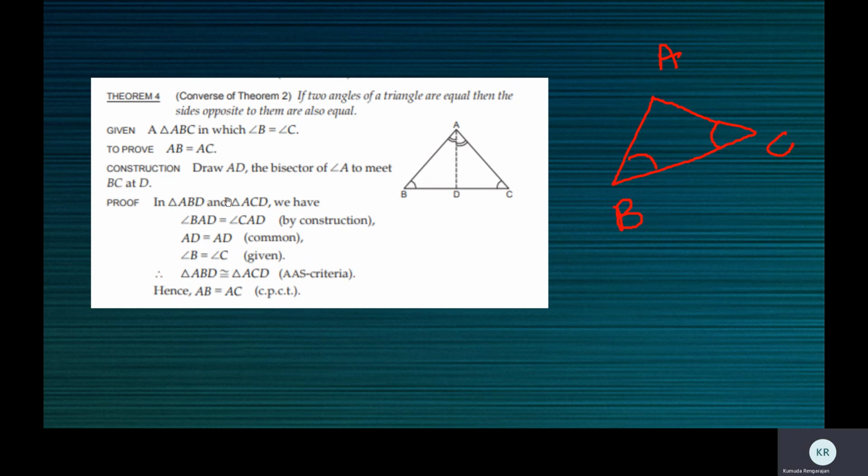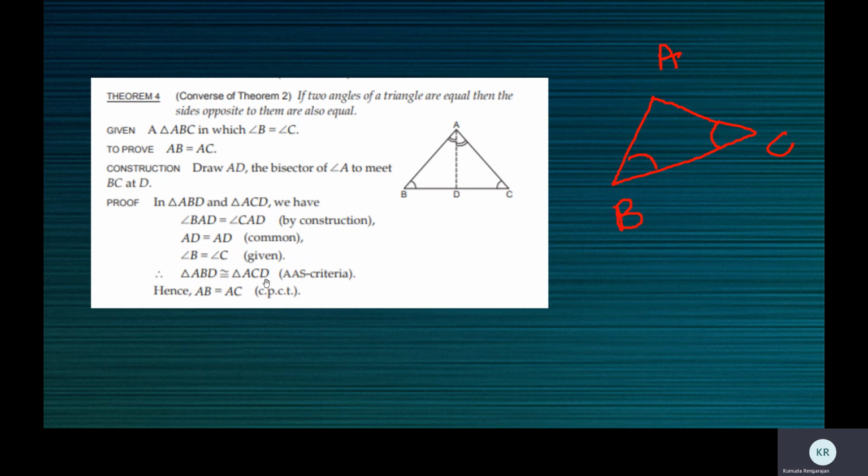So you have to mention the two triangles and mention three equalities that satisfy a congruence criterion. Here, these three equalities satisfy the AAS congruence criterion: two angles and some other side. Once it satisfies a congruence criterion, the two triangles are congruent. You must name the triangles in the correct order.